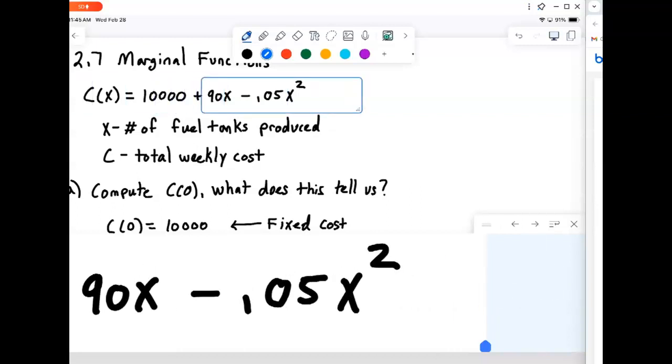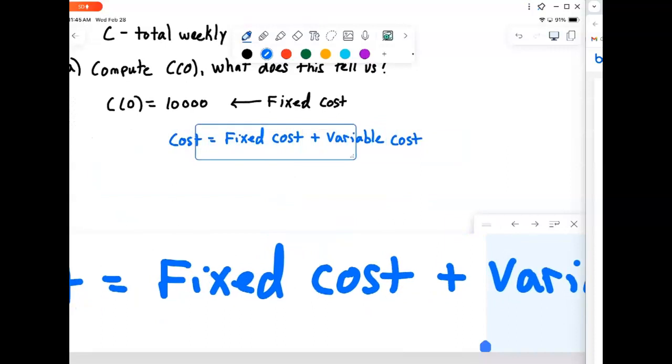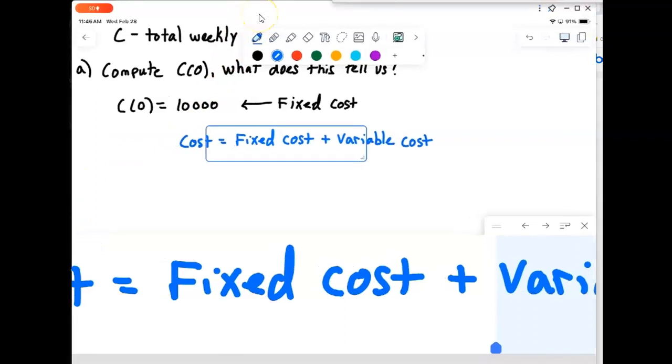And the other part, 90x minus 0.05x squared, that's the variable cost, which is going to change based on how many units we actually produce. Okay, so that's the first thing I just want you to understand. In any cost situation, we always have fixed plus variable cost. It's just every single time it's always going to come out that way.